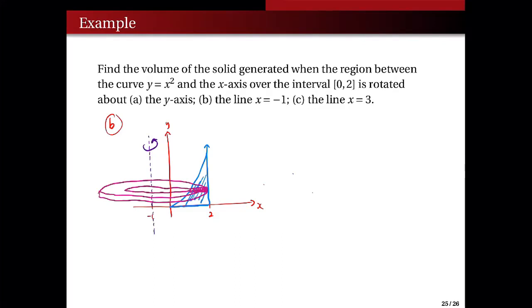The bigger radius is from this line here up to the center. And of course, the smaller radius is from the center up to the function only. So this is your smaller radius.